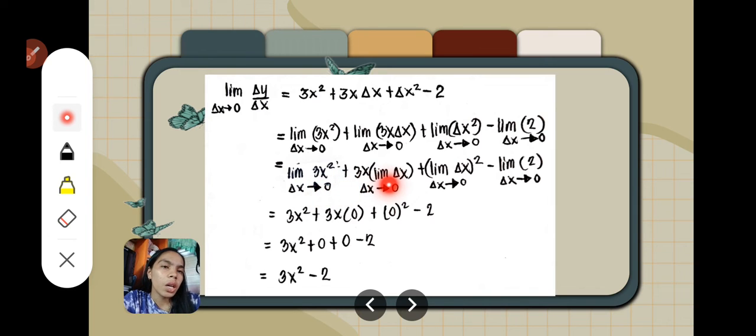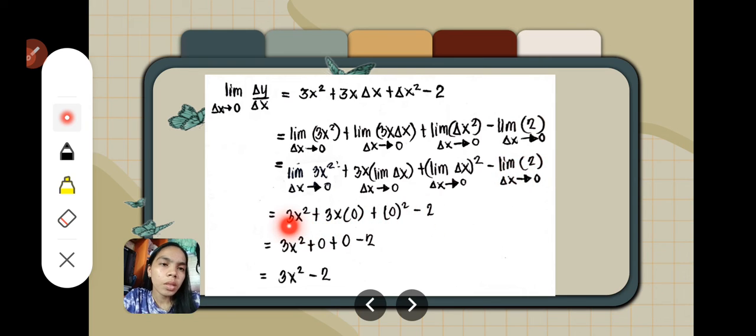For this one, we will be using theorem 3, the limit of a constant and a function. So 3x times the limit of delta x when delta x approaches 0, plus the limit of delta x squared, and minus the limit of 2. The 2 is a constant, so we just copy it.